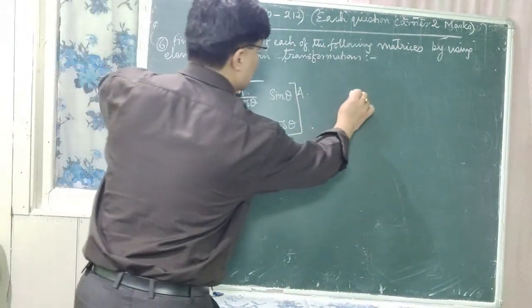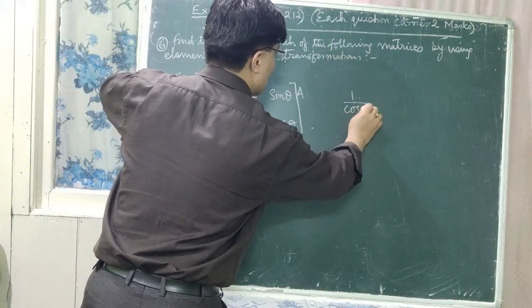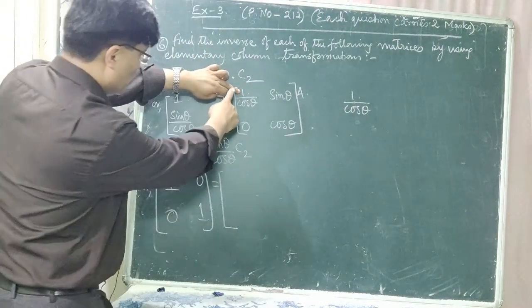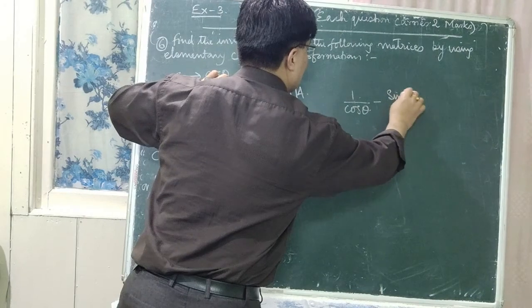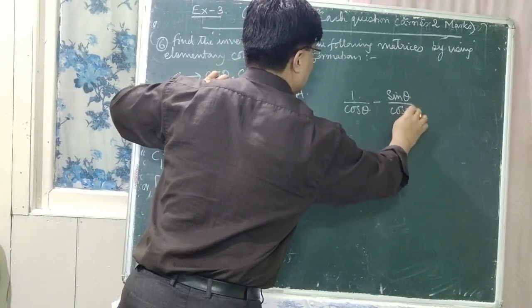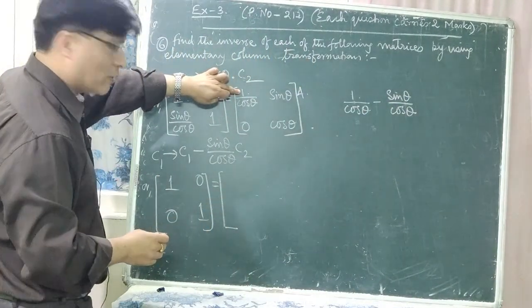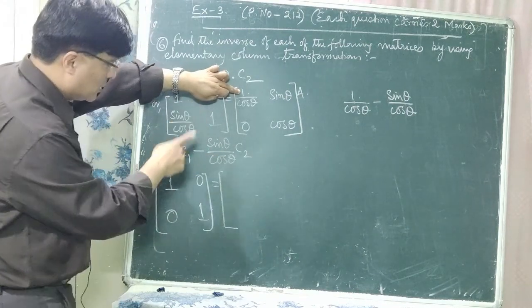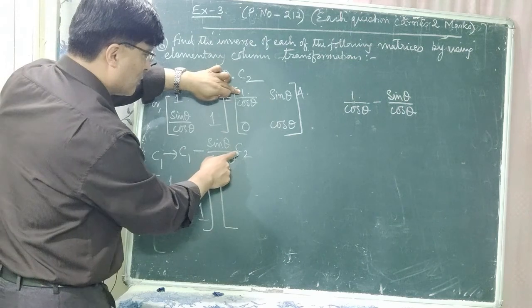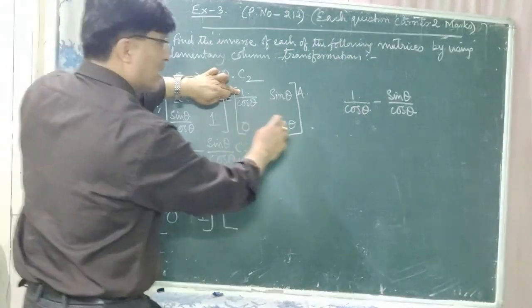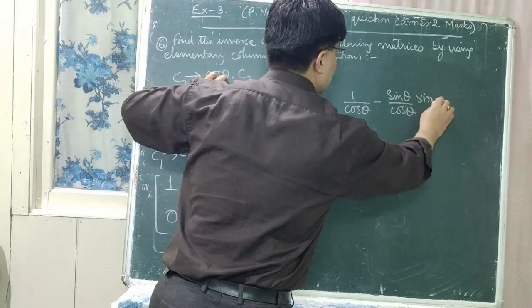So 1 by cos theta is there, 1 by cos theta, right? So 1 by cos theta is column 1 minus sin theta by cos theta, right? Column 1 here is 1 by cos theta, right? Minus sin theta by cos theta into, what is column 2 here? Column 2 is sin theta. So we can write here sin theta.